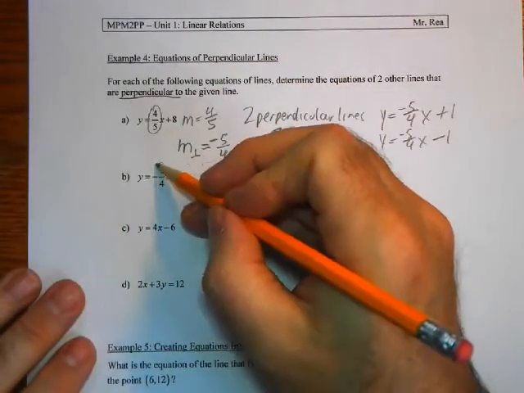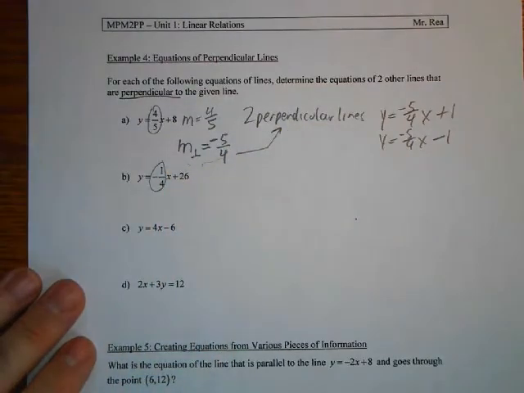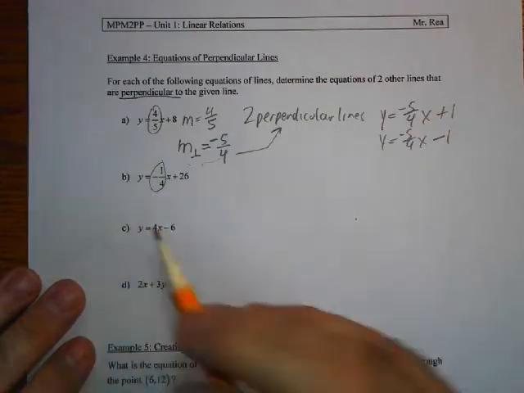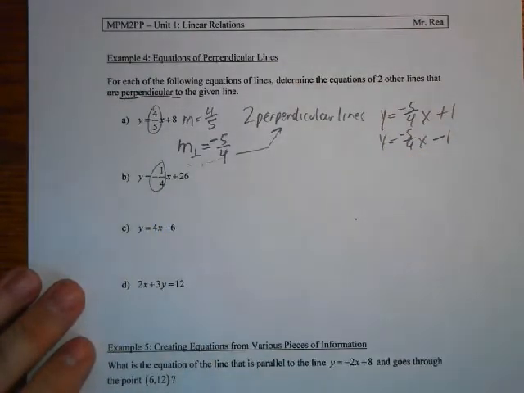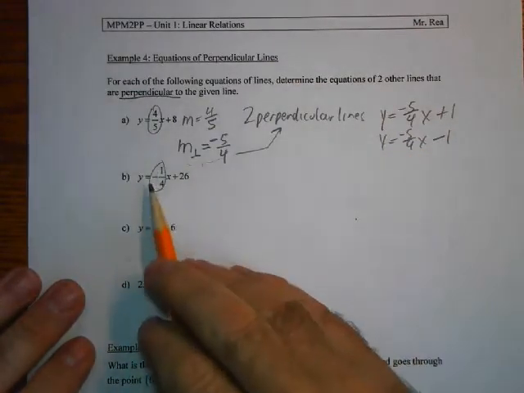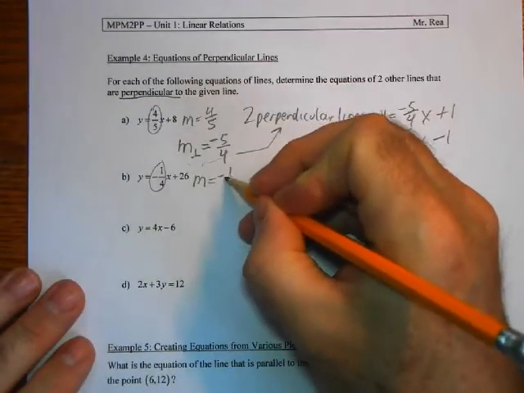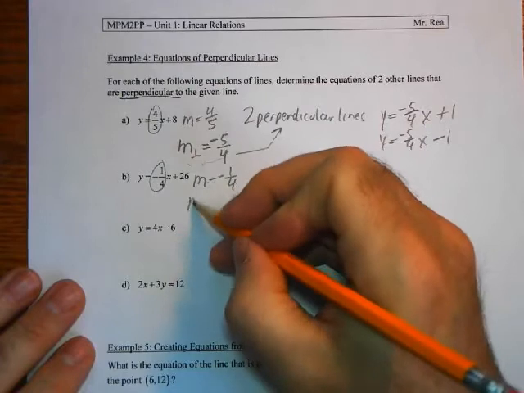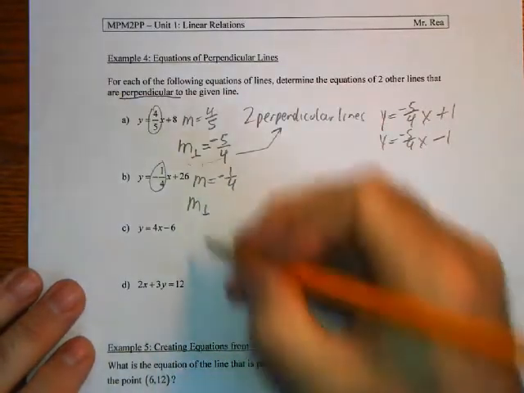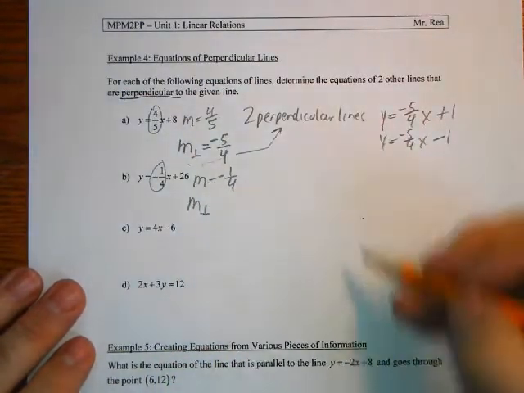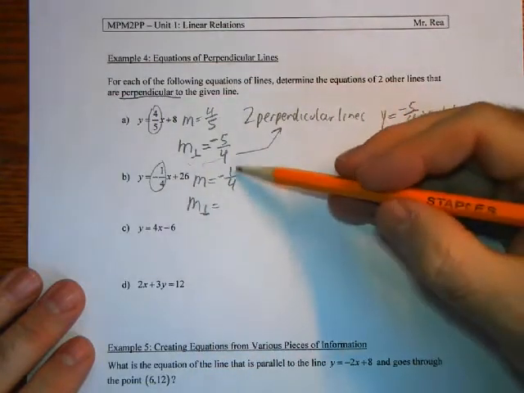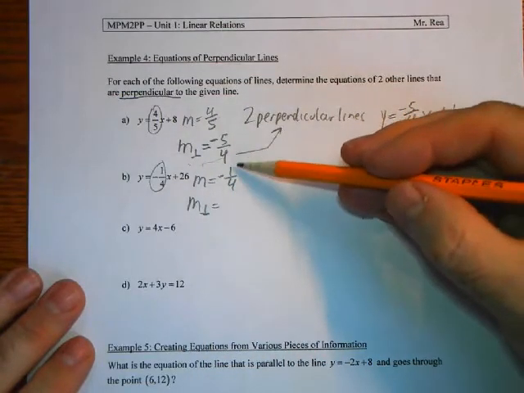So again, from the original line, we quickly find the slope as the coefficient, or the number that's multiplying with x. So here m equals -1/4, and if I want the perpendicular slope, again, I'm going to do a flip of the number, so 1/4.